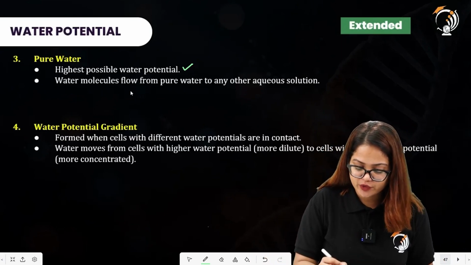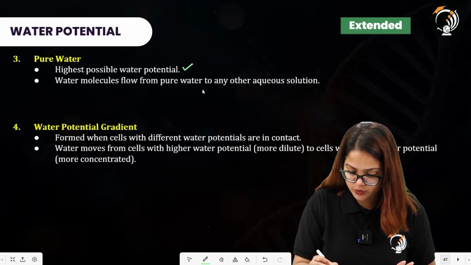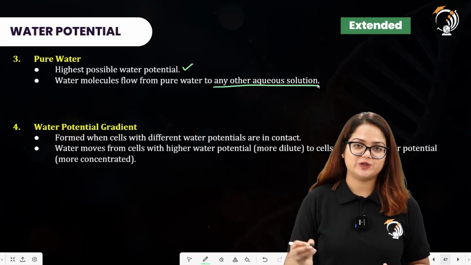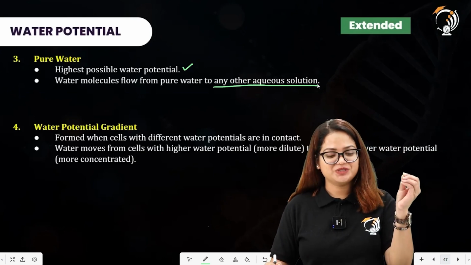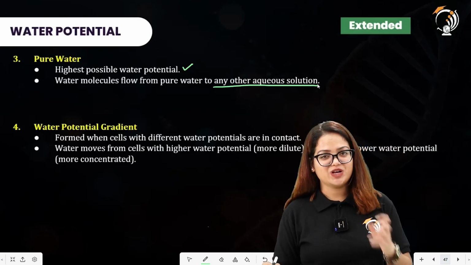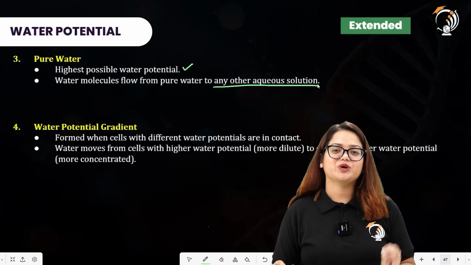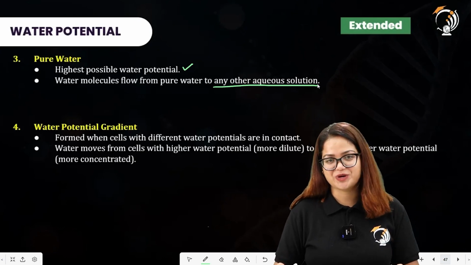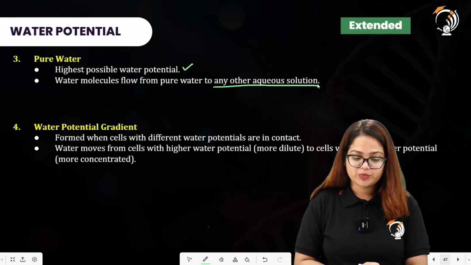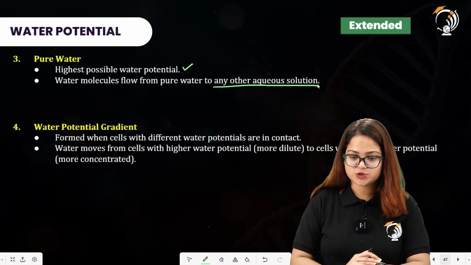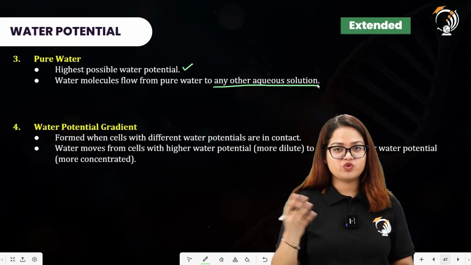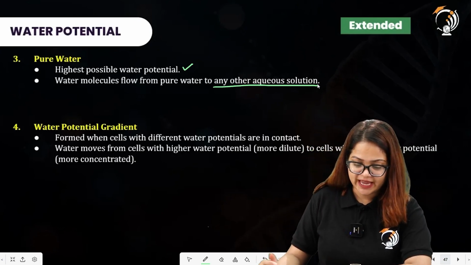The water molecules flow from pure water to any aqueous solution, because in comparison to the pure water, the other solution will always have fewer water molecules. All right. Then the water potential gradient is also considered whenever there is movement of water molecules across any surface.